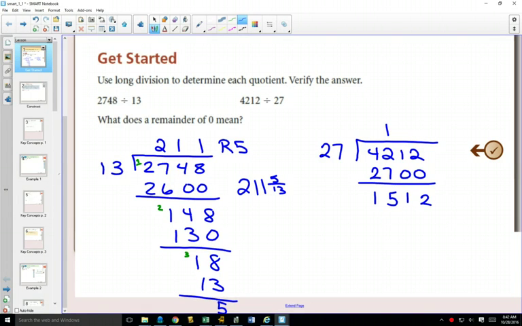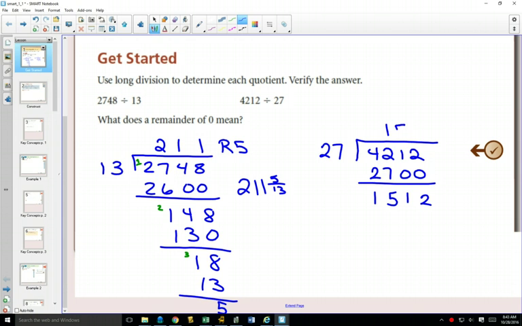Now we look at the process again. Now we have 1,512. How many 27s in 15? We can't do that. We have to go to 151. How many 27s are there in 151? 5 or 6, right? So you could do some math off to the side.